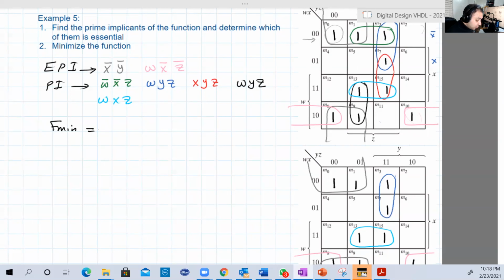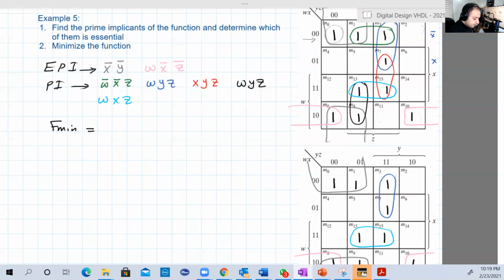If we include the red, we must have two other implicants, the black and the green. So we increased one term, one gate. Okay. If we take the green, we will also have two other. We must include the red and the cyan.